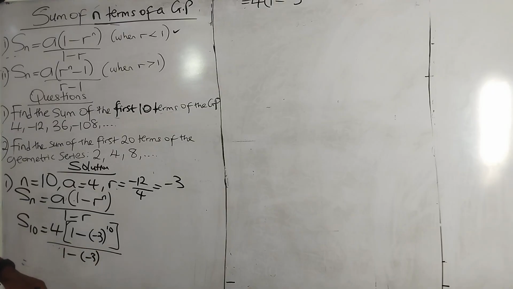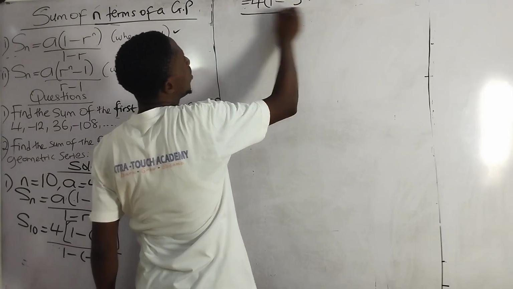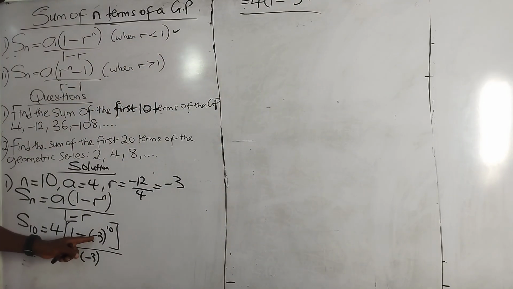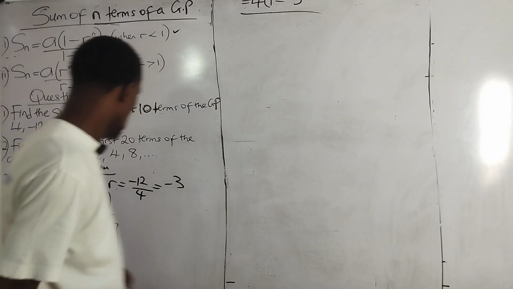You know why this one changed to plus? Because this is like -3 times -3 times -3, the minuses will cancel out, and we are left with this all over.